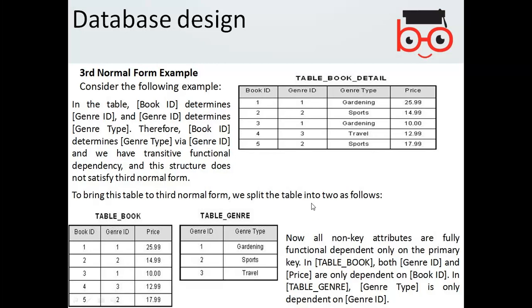So basically, in order to understand these normal forms, maybe these examples could be hard for you to understand, but you can look at many examples, take interest, and try to revise these tables and understand each and every word, then you will be able to understand.